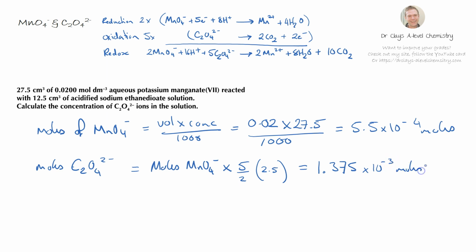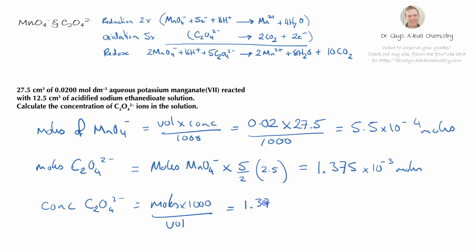And the final step that we're being asked for is to work out the concentration here of the ethane dioate. And once again, we're just going to rearrange our volume concentration. So we have moles times by 1000 over the volume to get our concentration.